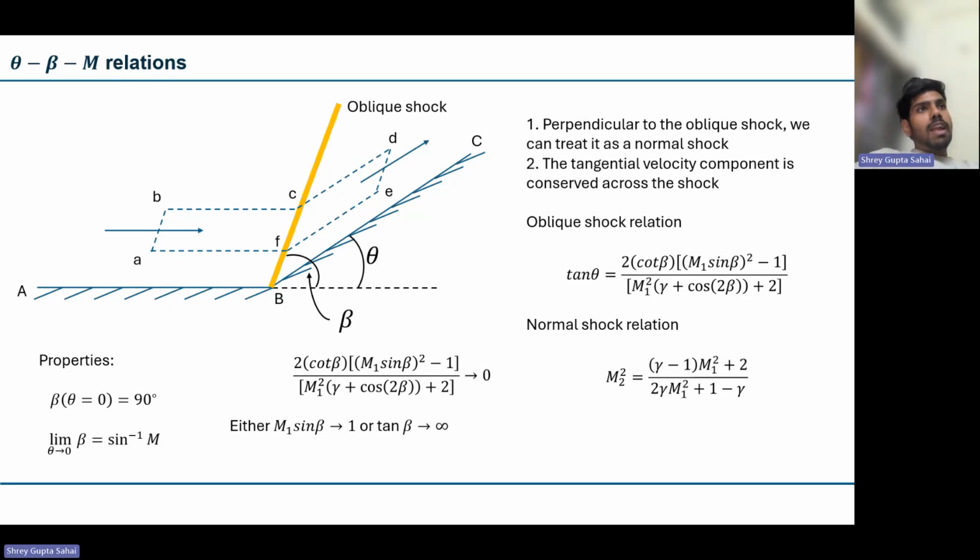Suppose on a flat plate there is a perturbation, some small ridge, some disturbance. The flow is still not getting deflected largely. There was a small disturbance.